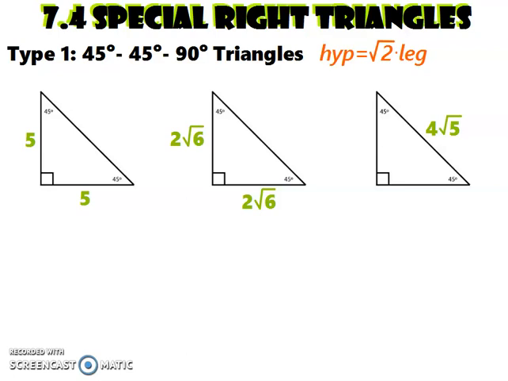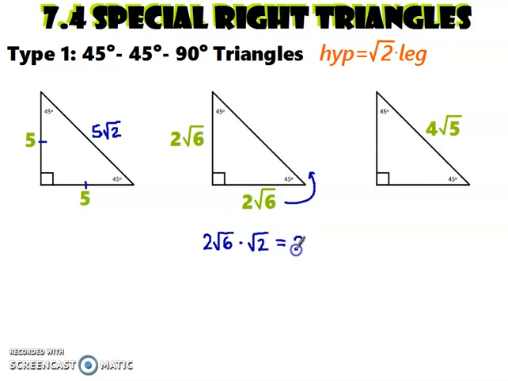And we discovered that with those two congruent sides, the hypotenuse is always that length times the square root of 2, which is no big deal when it's just a whole number. But then it gets a little confusing when there are awkward numbers on the legs. But again, we just take the length of that side times the square root of 2.